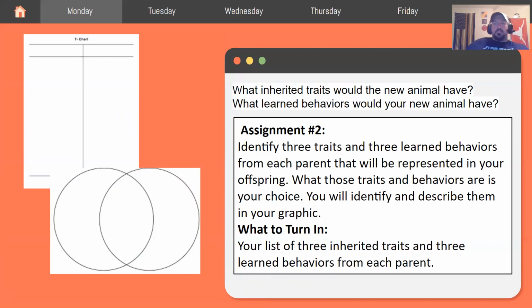Either graphic organizer will work and is a good option. It's really a personal preference at this point.